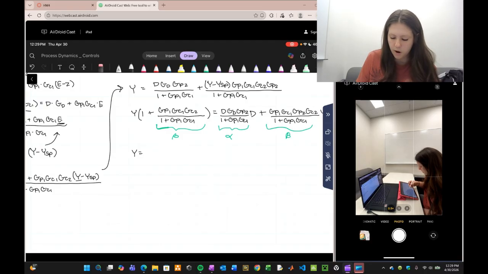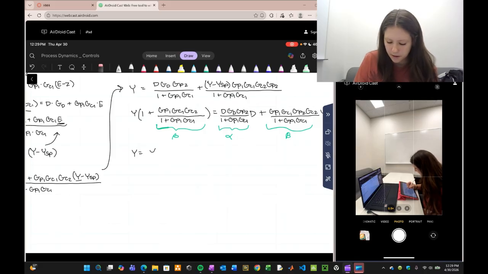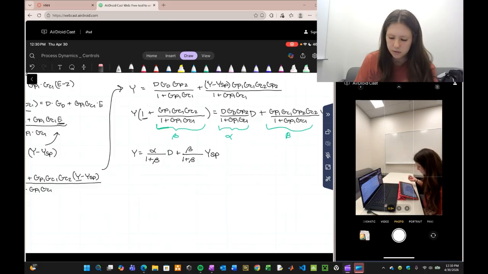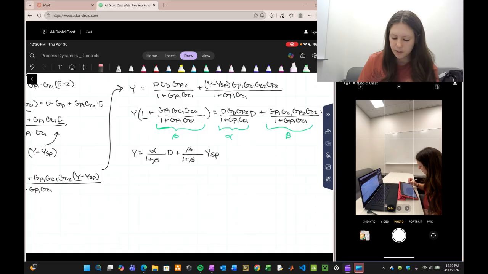So we can say Y equals alpha over 1 plus beta, because we have that 1 here. That will be times D, our disturbance, and then plus beta over 1 plus beta times our set point. So here is our transfer function for our system.